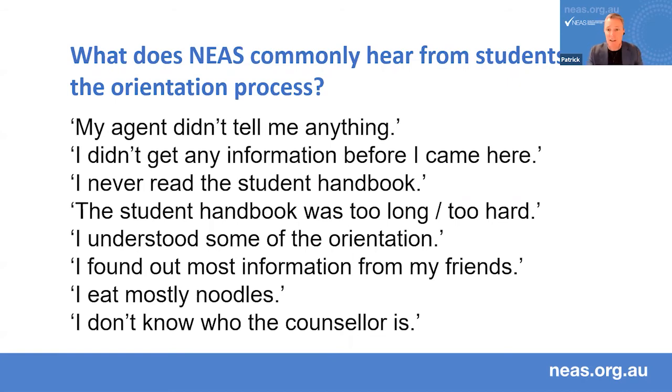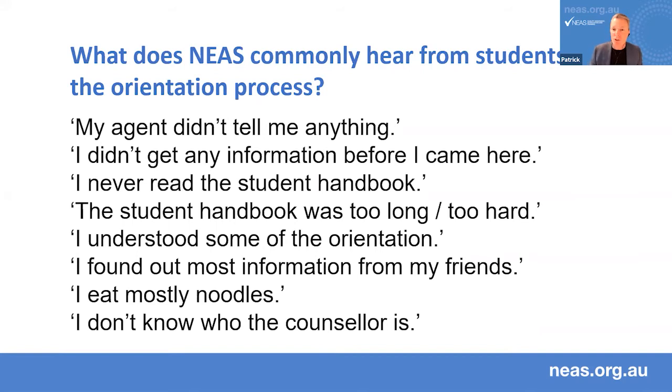Interestingly, most students get all of their information from their friends. So this is a really interesting thing to take on board. You've got the formal information that comes from the centre through the handbook or through the formal orientation activities. You've got some more formal orientation happening with the teachers inside the classrooms, but actually probably about 80% of the information that students take on board is through their friends.